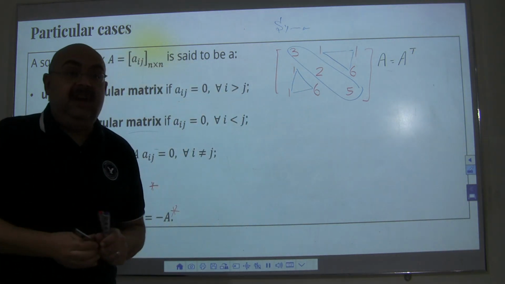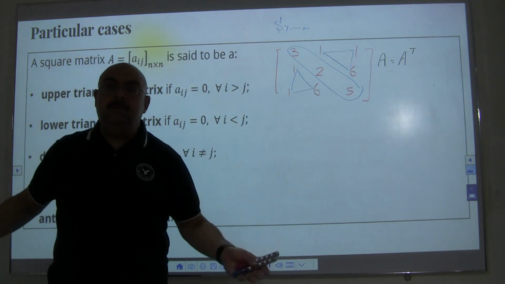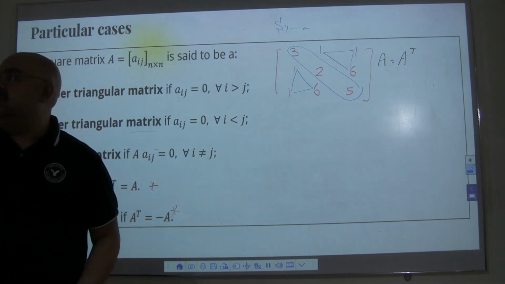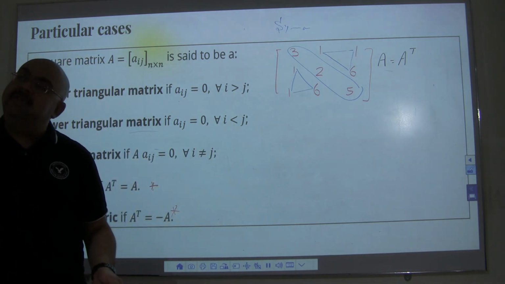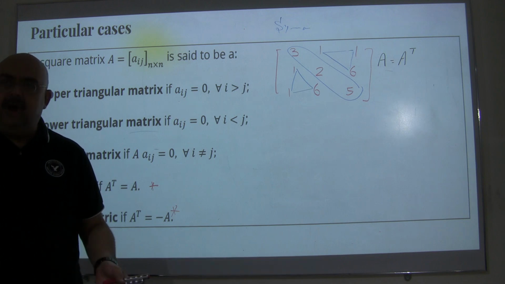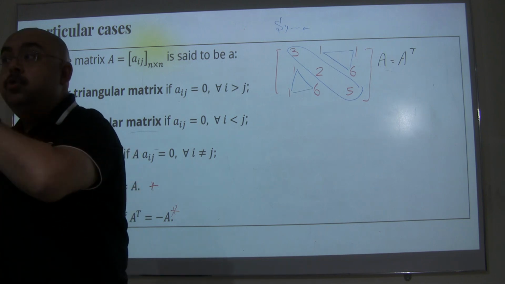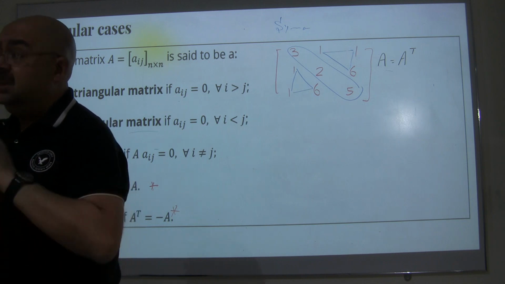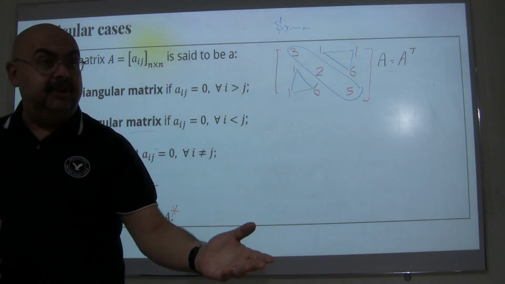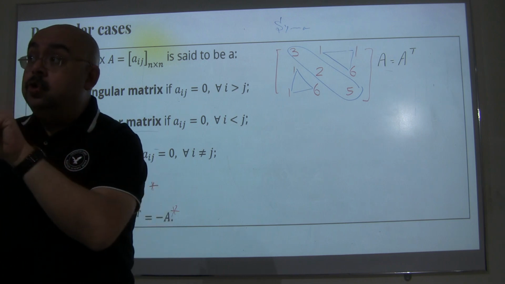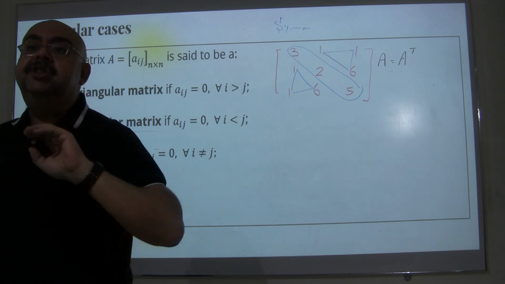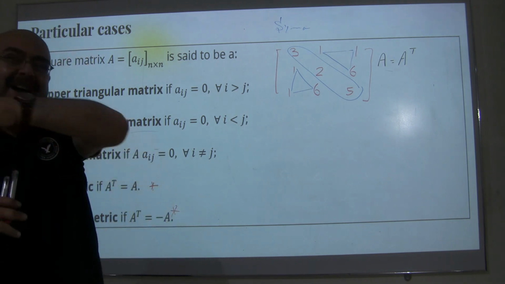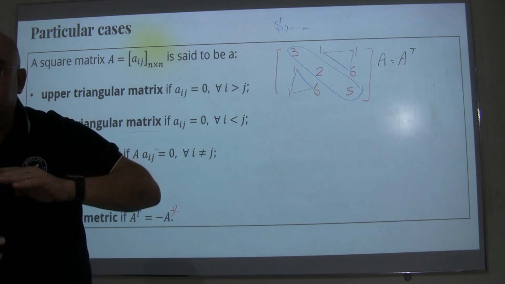So if I gave you in an MCQ exam a bunch of matrices and asked which one is a symmetric matrix, all you have to do is try to get the transpose by eye. If it is exactly the same, it is a symmetric matrix. Another way to know is that the elements are the same around the principal diagonal.